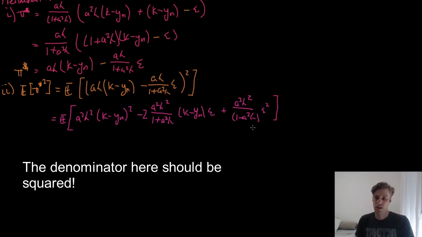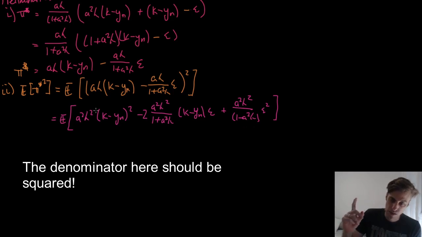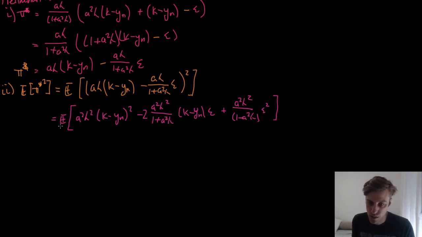Now we take the expected value, and we need to remember number 1, expected value distributes over addition. So we'll have 3 terms, this expected value, this expected value, this expected value. And 2, the expected value of epsilon is 0. And I guess that was 3. 2 is we can factor out non-random multiples from the expected value.